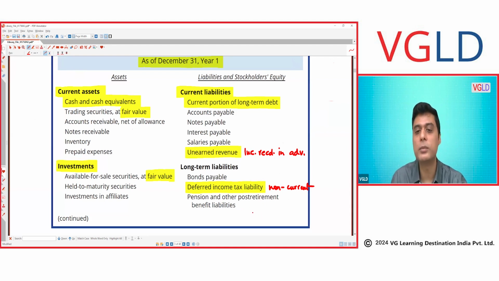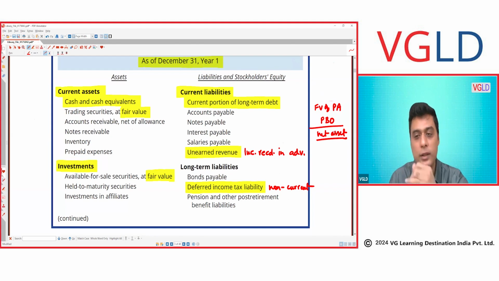So pension is also something where you can have an asset or you can have a liability. This topic is not there anymore in your syllabus, but just to give you an idea, you have pension assets. So the fair value of the pension assets, and you have the pension benefit obligation. So if the fair value of the pension asset is more than the obligation, then you have a net asset.